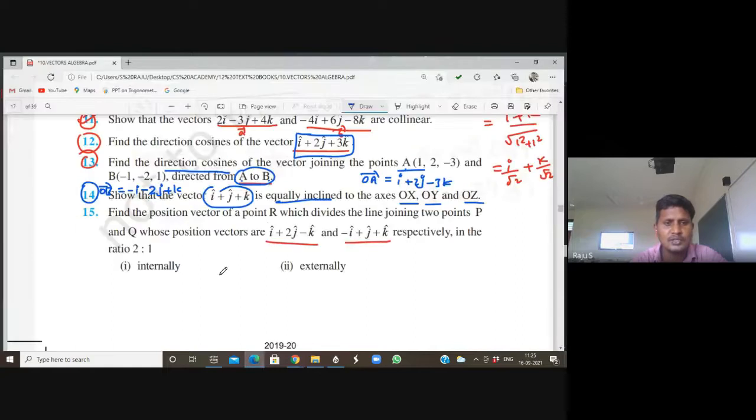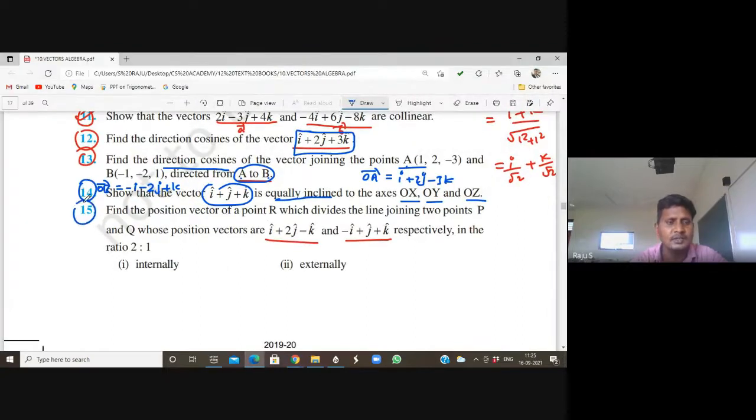Right, coming to the next question. See here, question number 15. Find the position vector of the point R which divides the line segment joining two points P and Q, whose position vectors are given. The P position vector is OP, and the Q position vector is OQ.